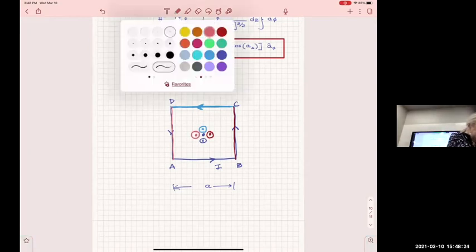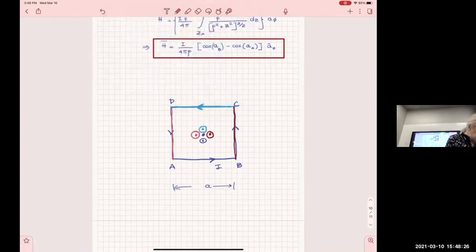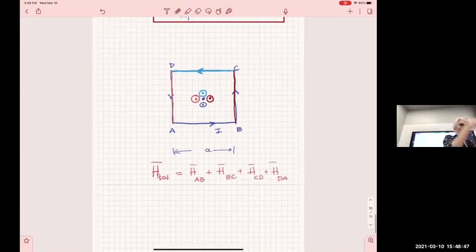So total H is going to be the sum of H from AB plus H from BC plus H from CD plus H from DA, and they are all coming out of the board, whatever you want to call that direction.